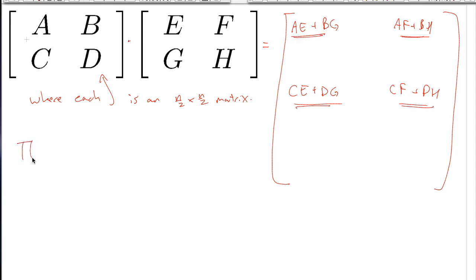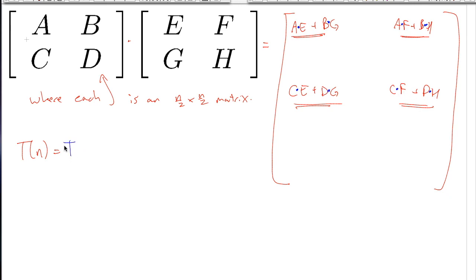Let's define what the running time of this recursive algorithm would be. How many operations of size n over 2 by n over 2 are we going to do? I heard the number 8. Here's one of them, here's 2, 3, 4, 5, 6, 7, 8.